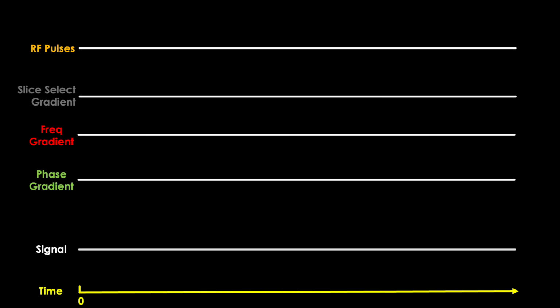So if you watched the last lecture, we began our discussion on pulse sequence diagrams by showing that if we apply our RF pulse and slice select gradient at the same time, here at time 0, we generate our first signal that quickly dies out that we call our FID, or free induction decay. And we run into this problem that we can only apply one of our two localization gradients, the frequency encoding and phase encoding gradients, on this free induction decay.